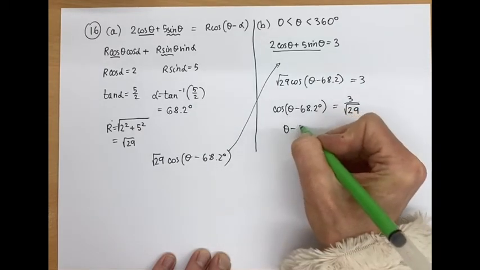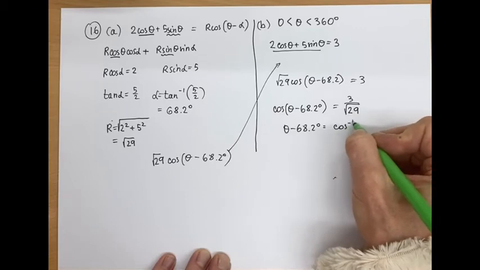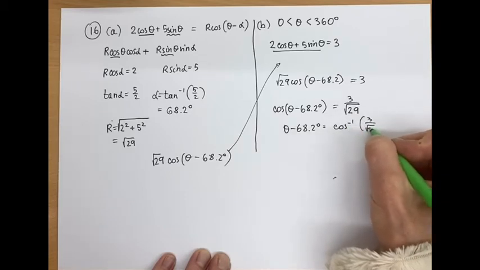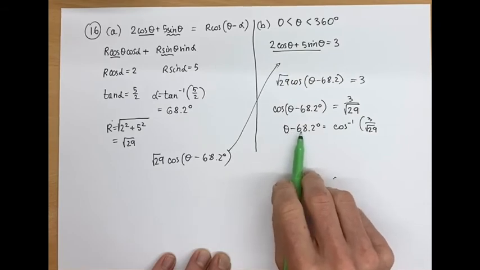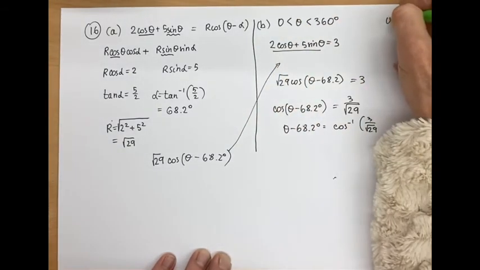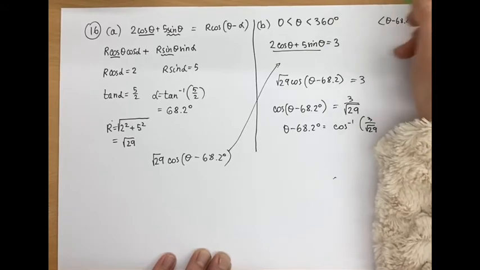Okay, so theta minus 68.2 degrees is equal to cos inverse of 3 over root 29. Notice we are solving for theta shifted 68 degrees to the right, so we should really adapt our range of values for which we are solving.